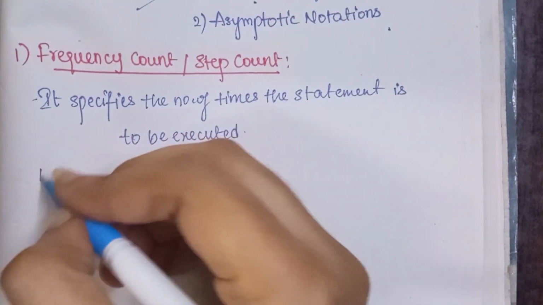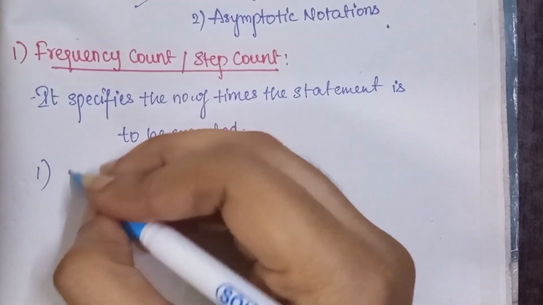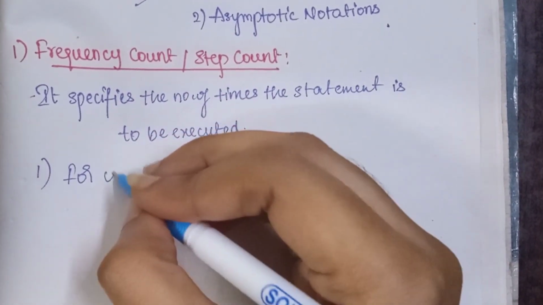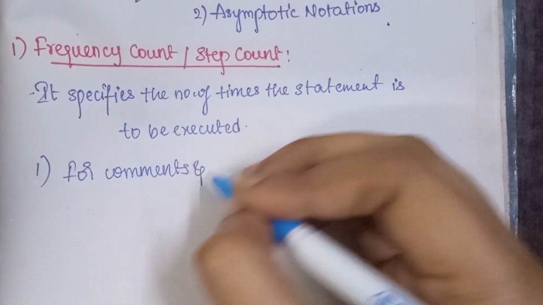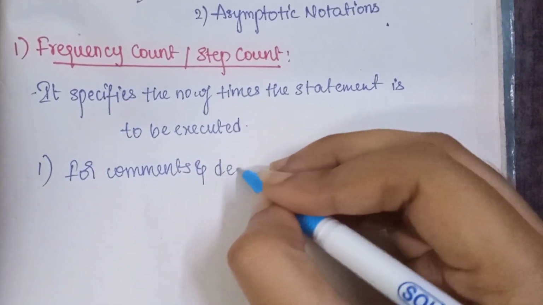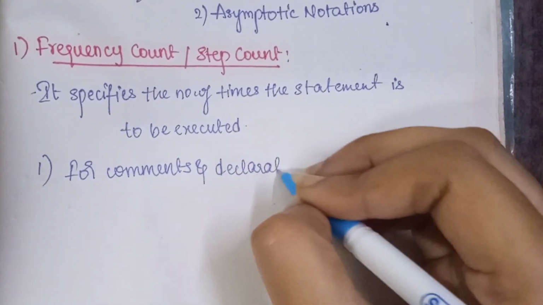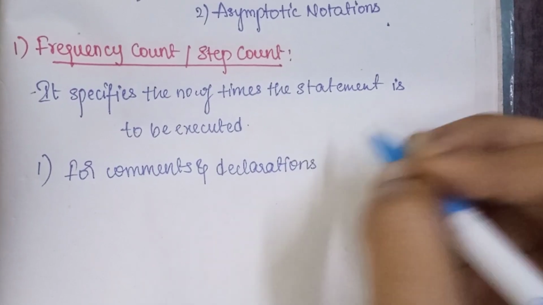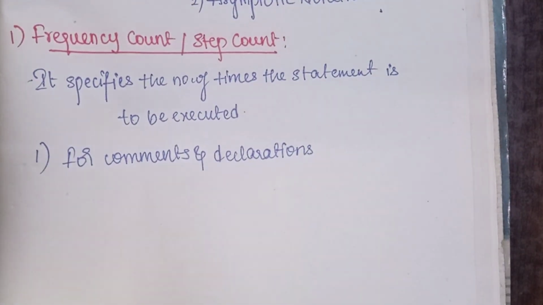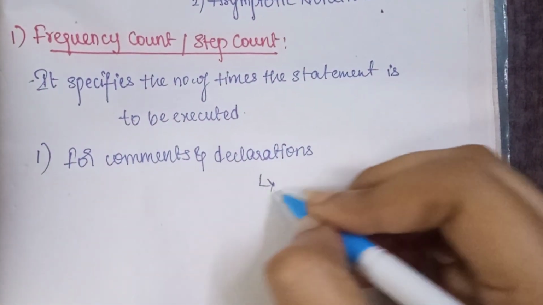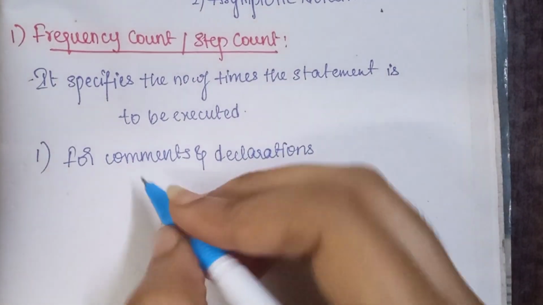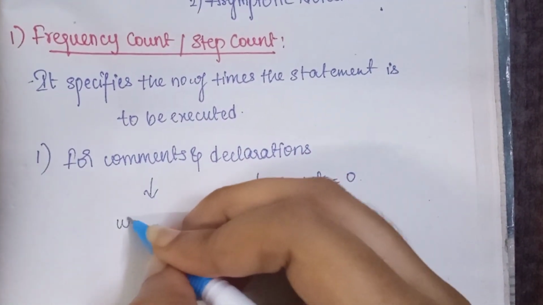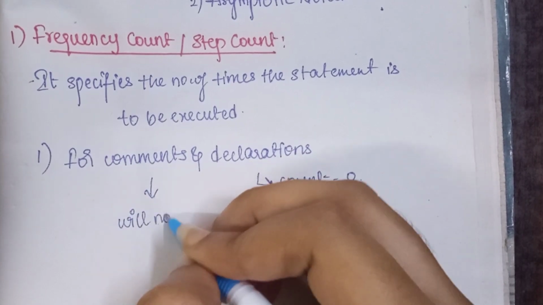The first rule is for comments and declarations. For the comments part and the declarations part, the count will be 0, meaning you will not count either the comments or the declarations, because comments will not be executed in your program, right?